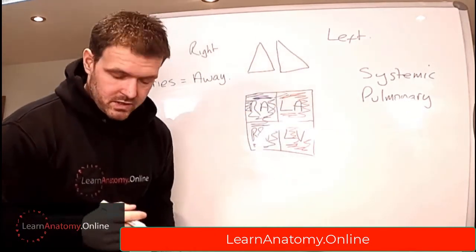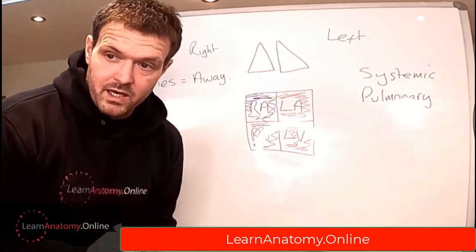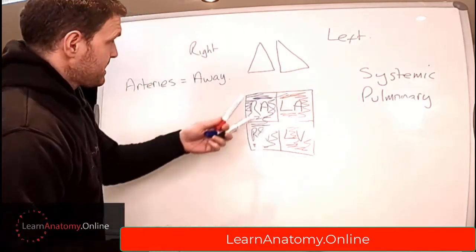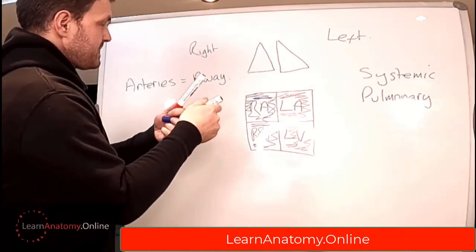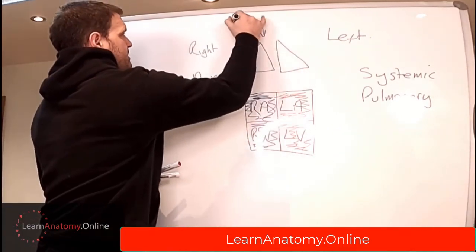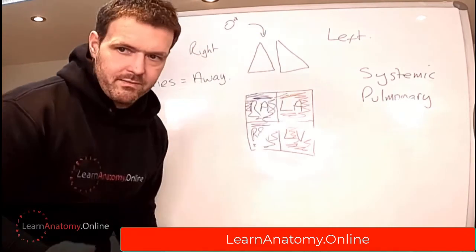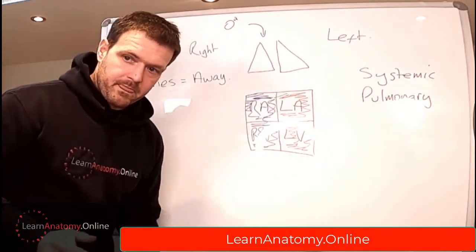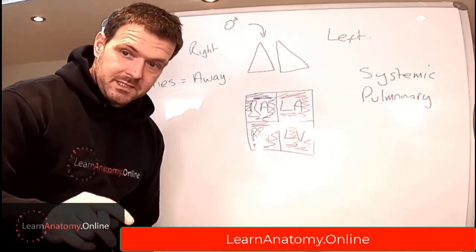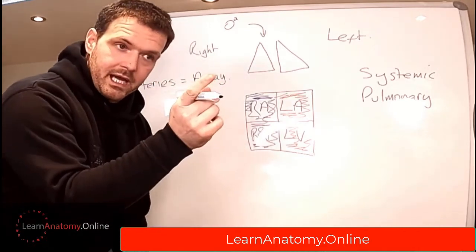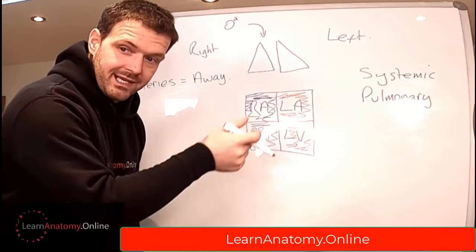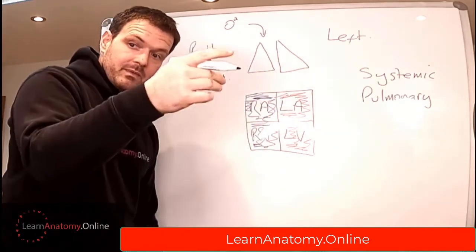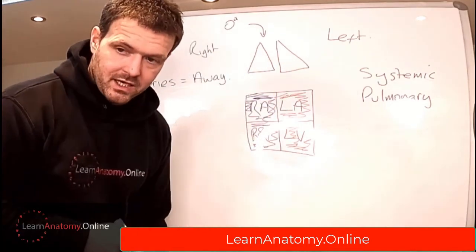Okay, so we've got those. My art is obviously amazing. We've got two lungs there, which is getting the oxygen from the atmosphere into your blood. Okay, so there has to be a way of moving the deoxygenated blood into the lungs to pick up the oxygen and then put it back into the heart.